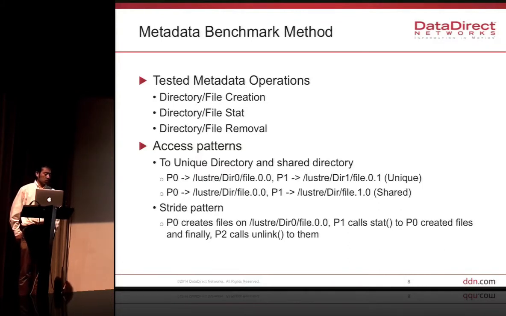For example, when process 0 creates a file in a specific directory, the next process, process 1, calls stat on the file process 0 created. Then finally process 2 calls the unlink operation on the file process 0 created. So each operation is sliding to the next process.